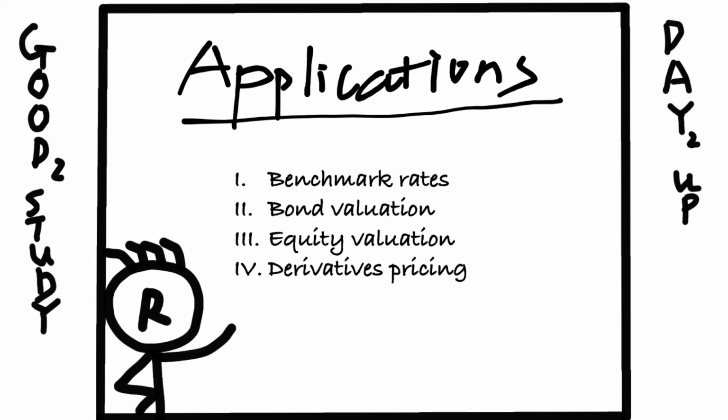As we mentioned in our bond pricing video, if you would like to check that out, please click the link above. Corporate bonds are usually priced on top of the risk-free rates, which is risk-free rate plus a risk premium. This is how we value corporate bonds. So the risk-free rate is the foundation of bond valuation.